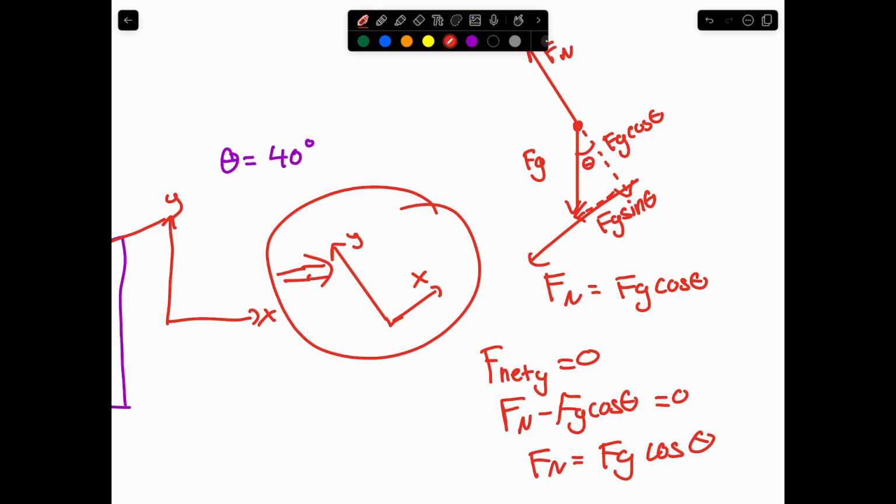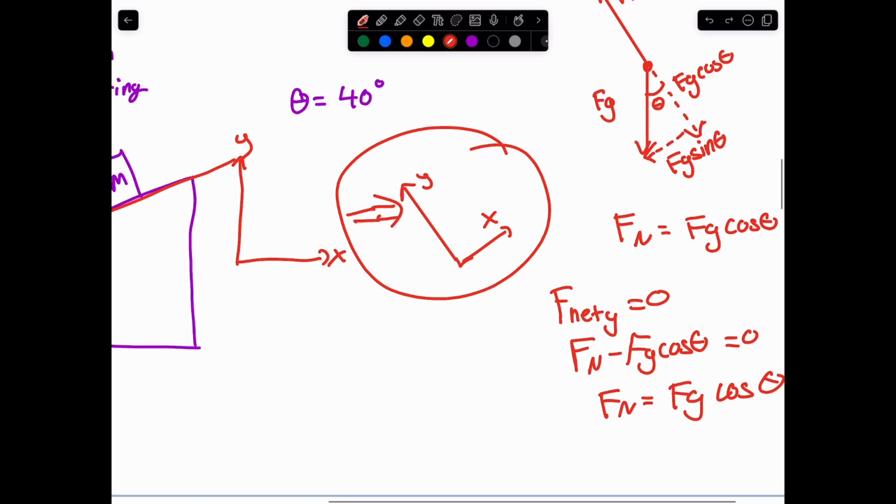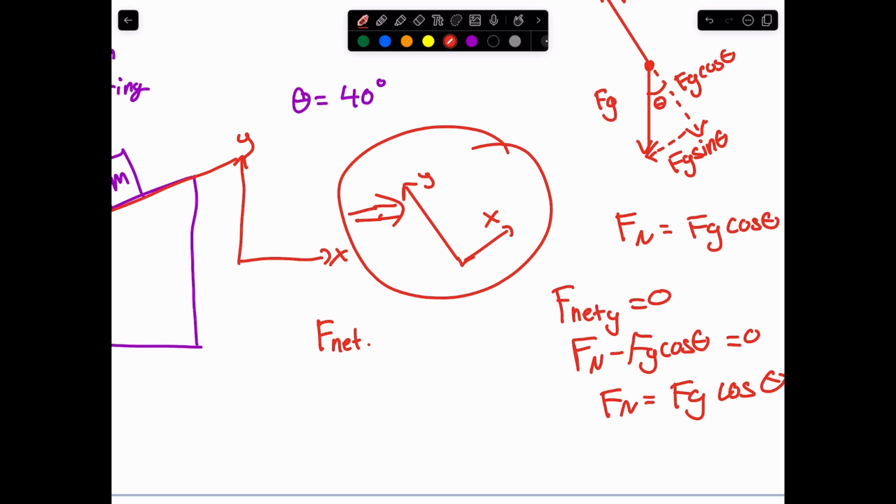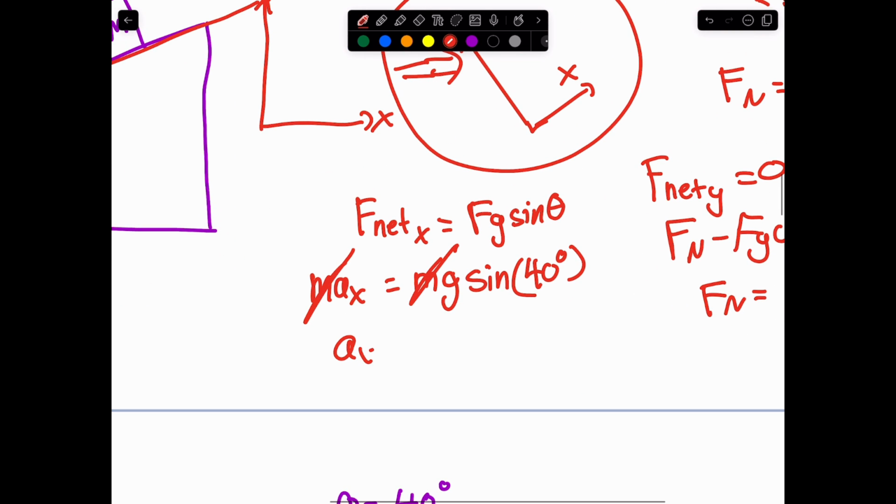So we know Fnet x equals Fg sine theta. We also know that Fnet x is equal to m a x, and Fg is equal to mg, and theta is 40 degrees, because that's given in the problem. And you'll notice we weren't given mass, but we don't actually need it. Our masses cancel out, which means a x is equal to g sine 40 degrees.